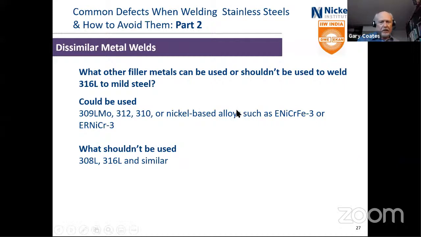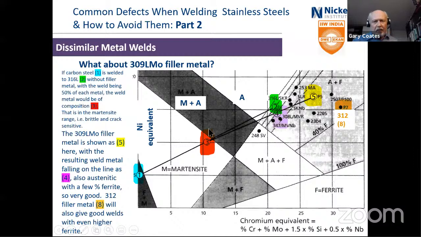Well, let's go and have a look at how they fall here. So we're going to keep this diagram. The 3 is where the mixture of carbon steel and stainless steel would lie. The 309 MOL is this yellow area, and I'm not sure how clear that shows through to you, but it has a higher ferrite content than the straight 309. A little more chromium equivalent, so a little bit to the right of the 309 there.